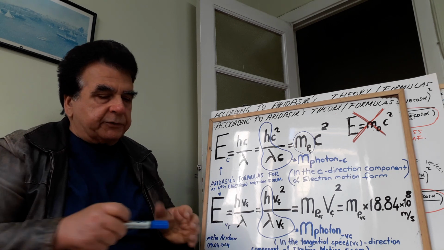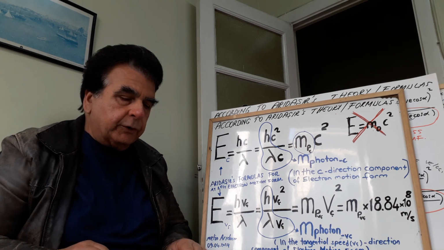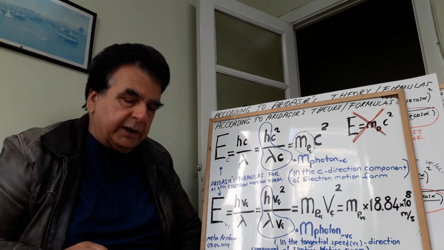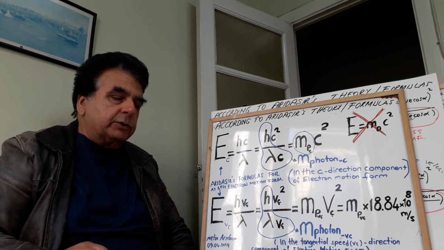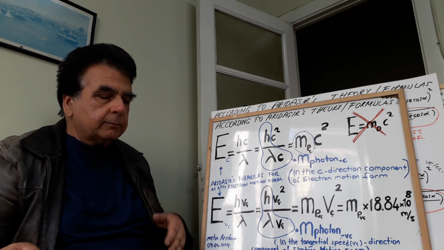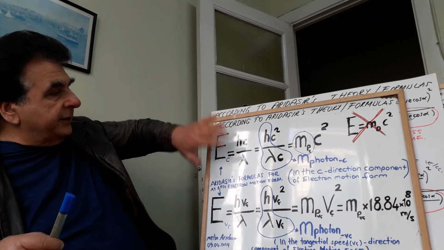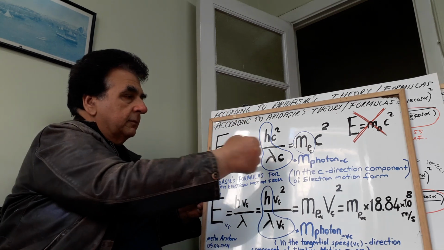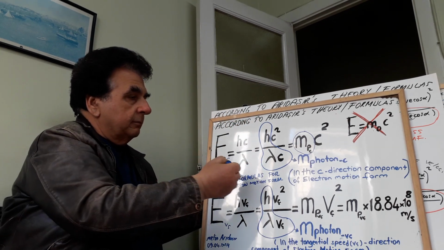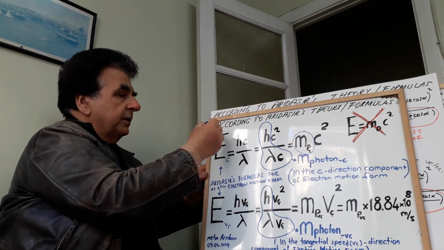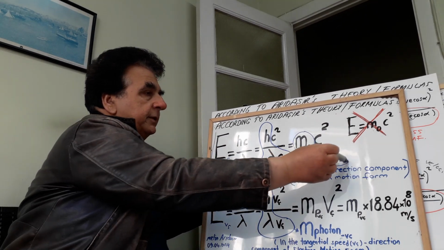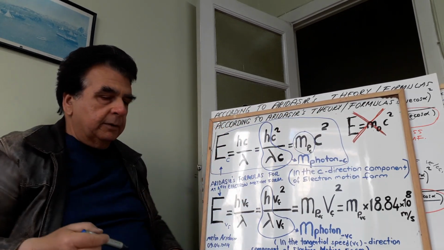So for at rest electron motion form, photon goes on its angular motion and for the first cycle n is equal to 1. Speed of light component energy formula is that. This is speed of light component energy formula.